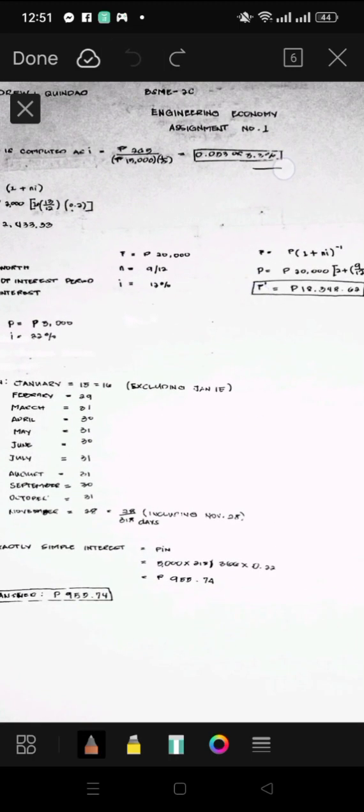So let's proceed to problem number 2. A loan of 2,000 is made for a period of 13 months, from January 1 to January 31 of the following year.